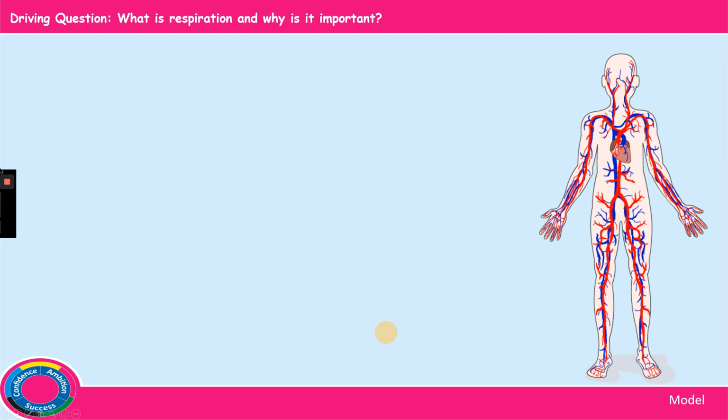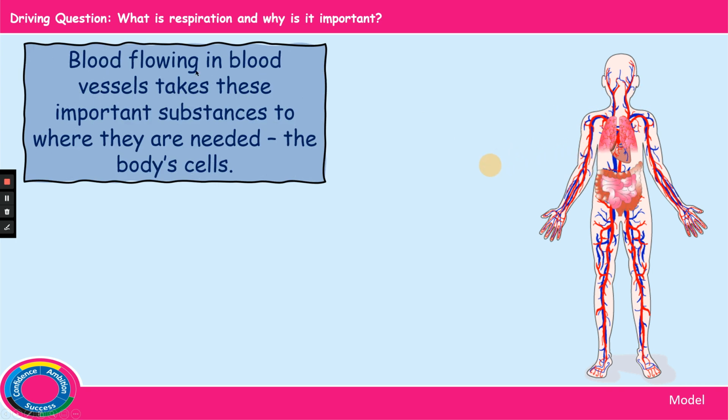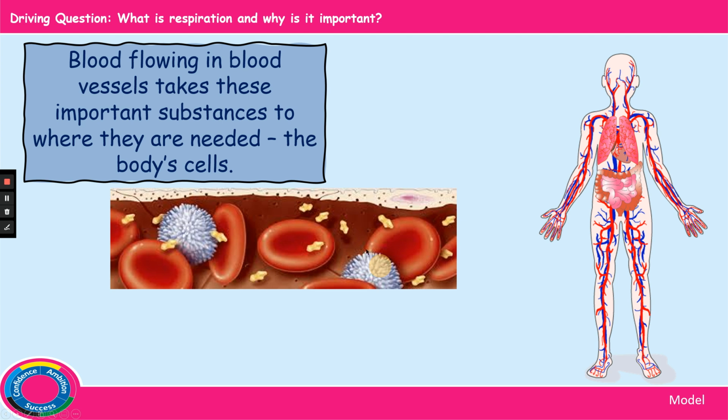So here we have a picture of our circulatory system, blood flowing through the vessels. We have our lungs, our intestines, and all of our oxygenated blood and deoxygenated blood, our red and our blue. They take it to the cells where they are needed. There's a picture there, a red blood cell.